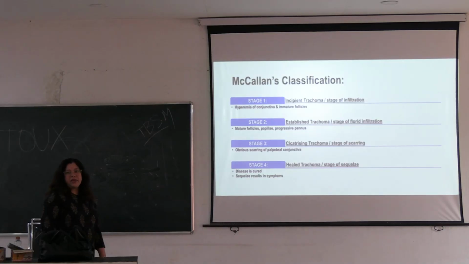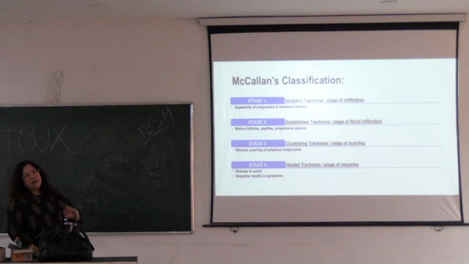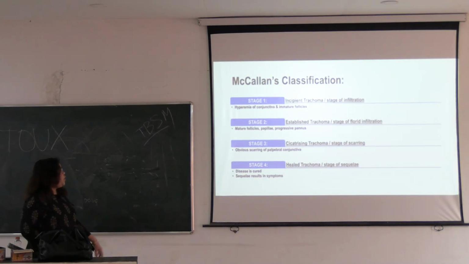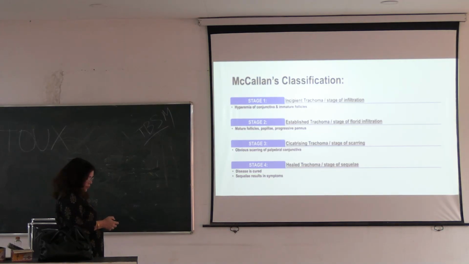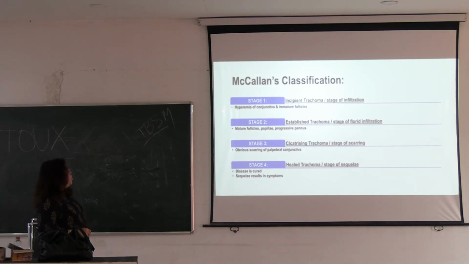Then classification of trachoma. Trachoma is classified into 4 stages. Stage 1 is also called incipient trachoma, and in this stage only hyperemia of the conjunctiva and immature follicles are present. Then stage 2 is also called established trachoma.